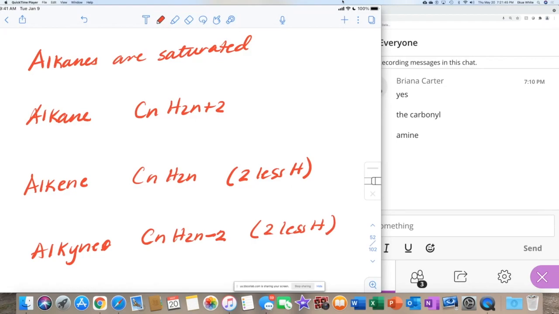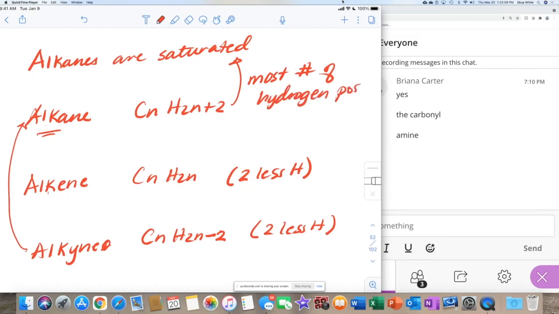If you compare alkynes to alkanes, they have 4 less hydrogens. Okay, so if you're comparing these 3 groups, which ones have the most number of hydrogen? Alkanes. For that reason, alkanes are called saturated because they have the most number of hydrogen possible for the carbon.